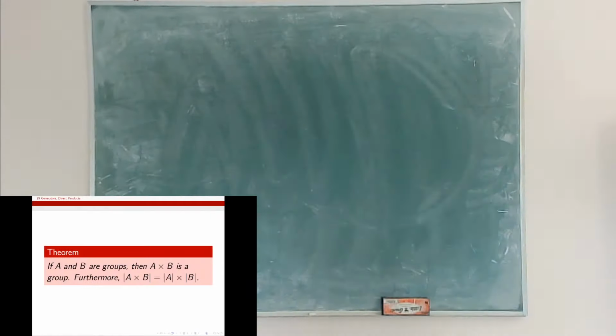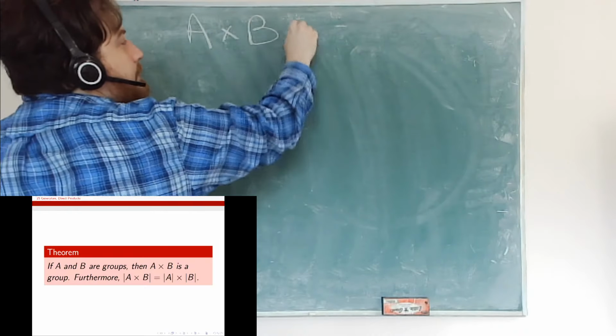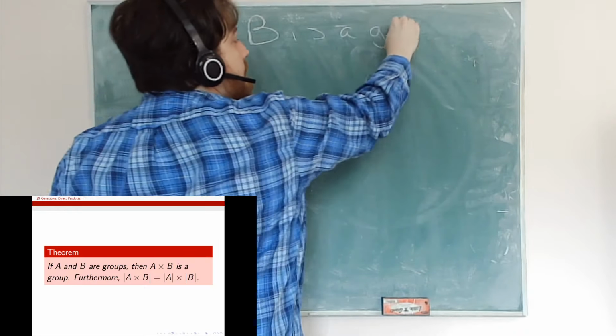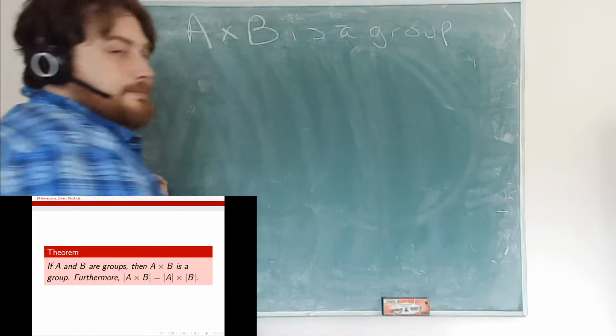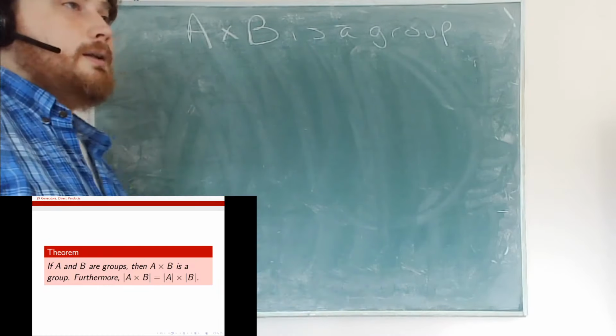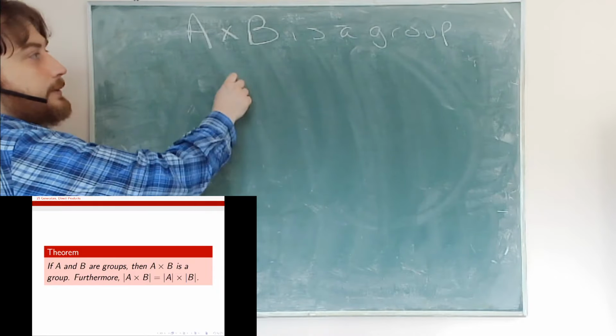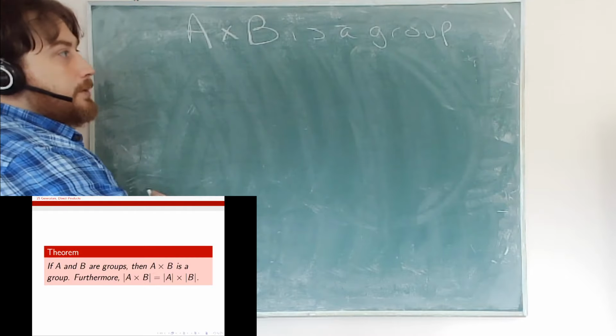So if we want to show A cross B is a group, what do we need to show? Well, we need to show it satisfies the group properties. The first thing we need to show is that it's closed under products.